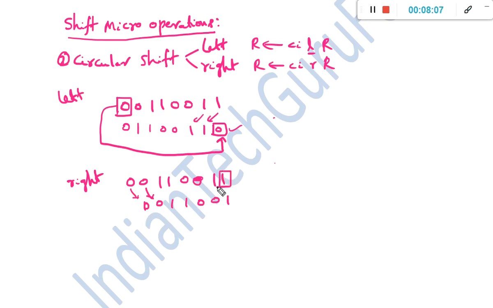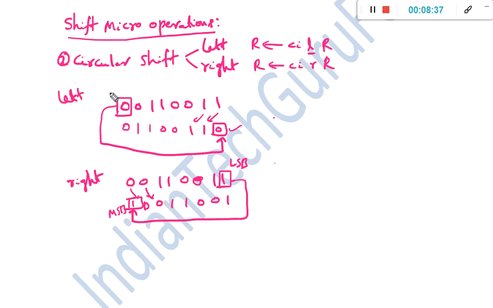And what about this one? Previously we rejected whatever value was here. Now, instead of rejecting that value, we are going to move it to the most significant bit. So this one comes here. Whatever value is in the LSB will be moved to the MSB in the destination register.